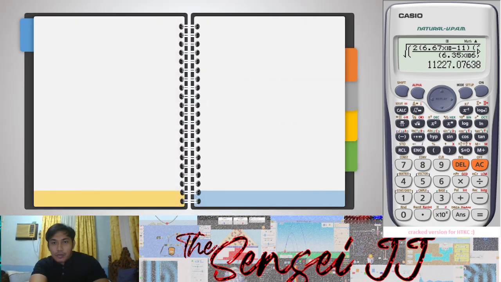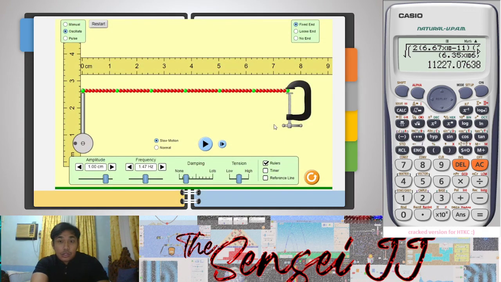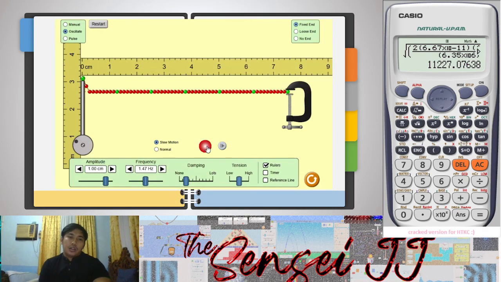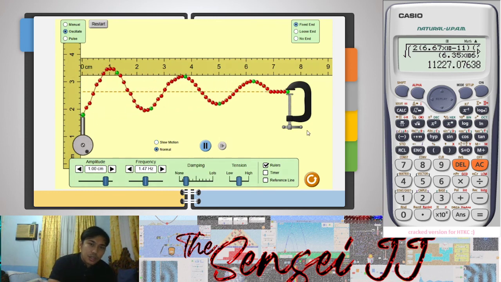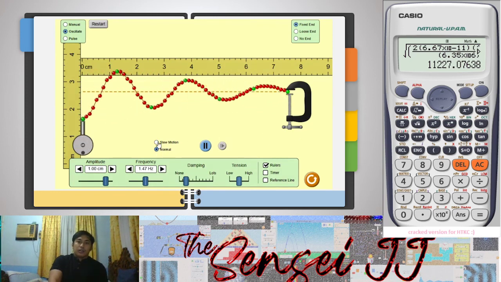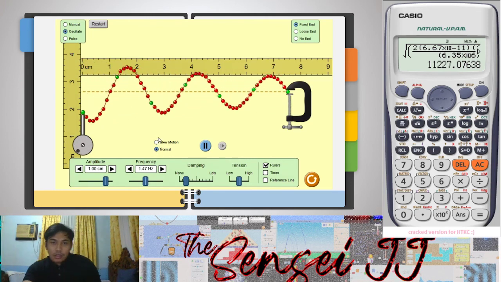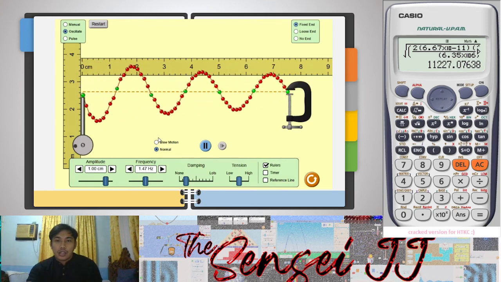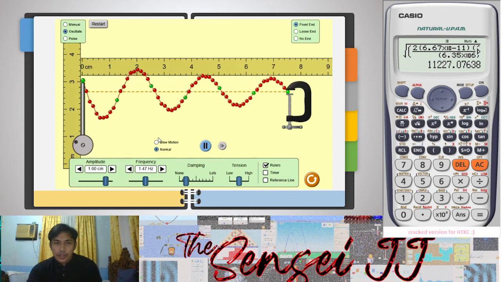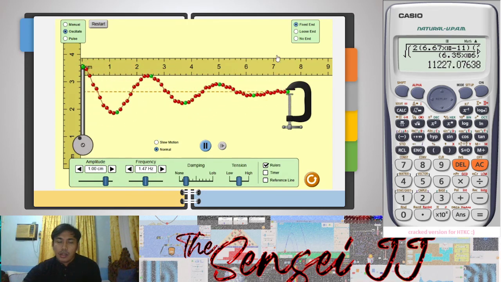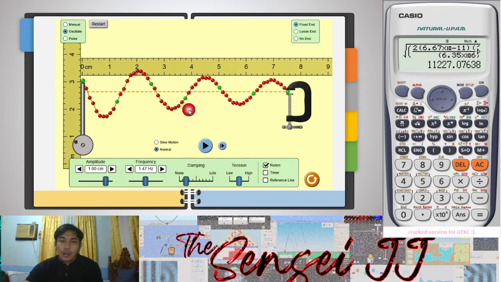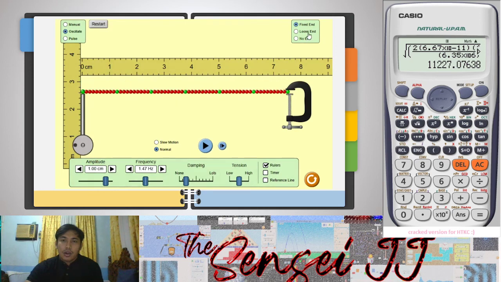Okay, so we have here the next thing, on strings. This one is an oscillating source, and as you can see, we have here the fixed end of our strings. Fixed end. You can also try this one in our homes. So loose end, what will happen?